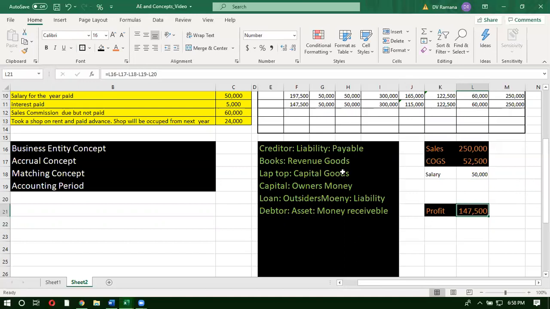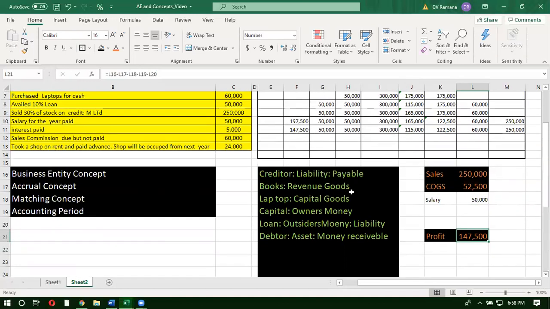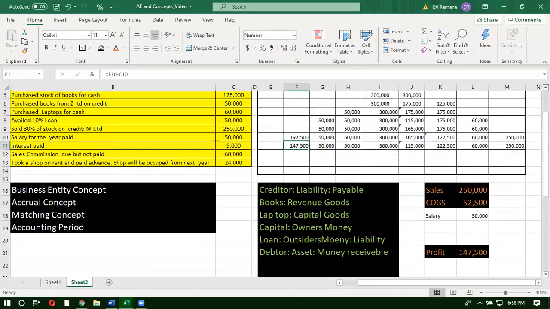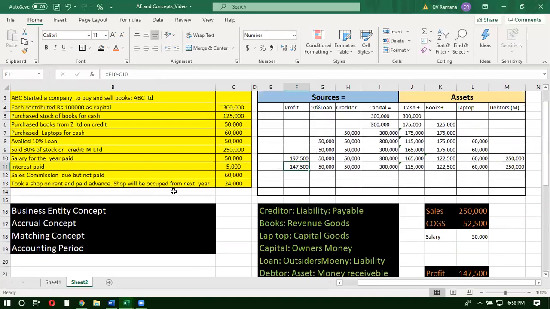So profit at this juncture is 147,000. Observe this. Once again, you want to check the totals of the sources. The total of sources is 547, as you can see at the bottom of the screen, and the total of the assets is 547. S will be equal to A.